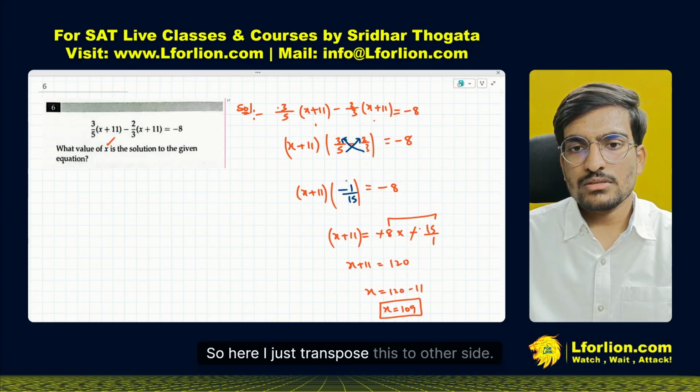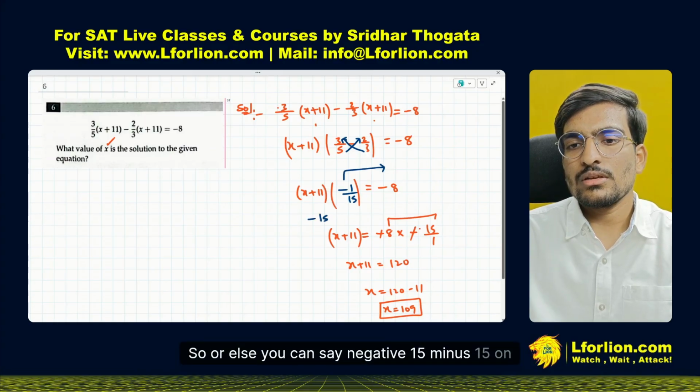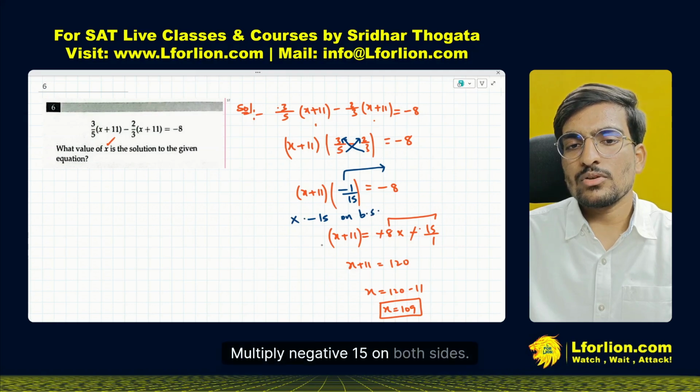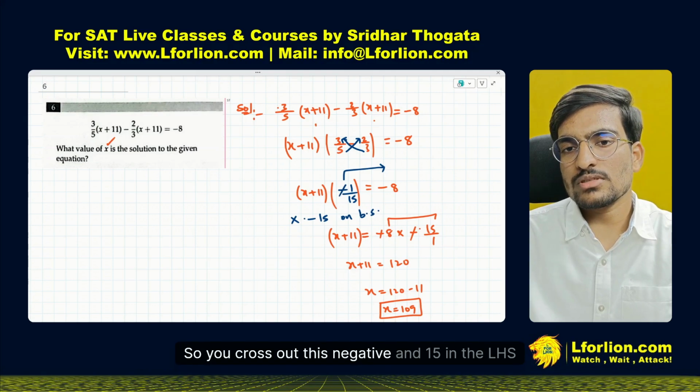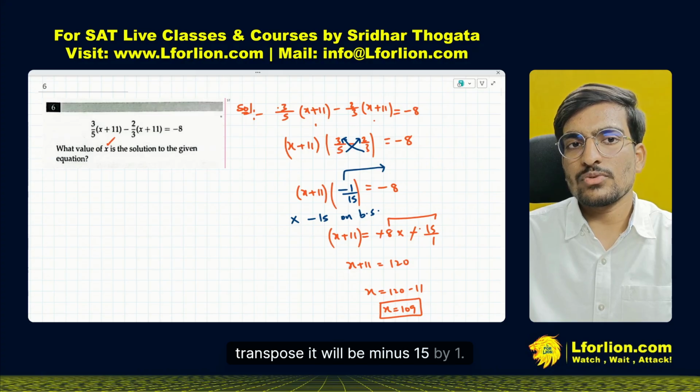So here I just transposed this to the other side. Or else you can say multiply negative 15 on both sides. So you cross out this negative and 15 on the LHS, and negative 15 you'll be getting. Or else if you transpose, it will be negative 15 by 1. This is just reversed, negative 15 by 1.